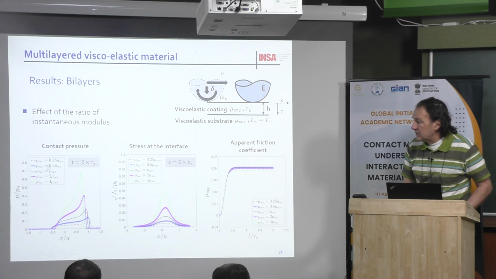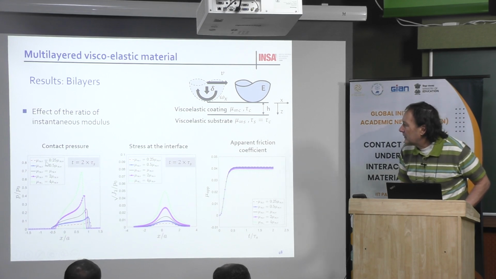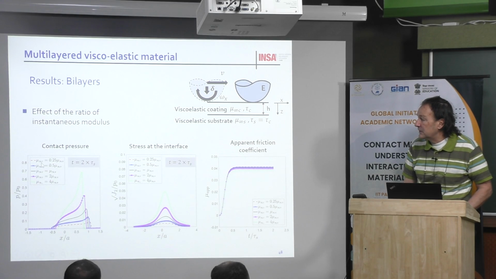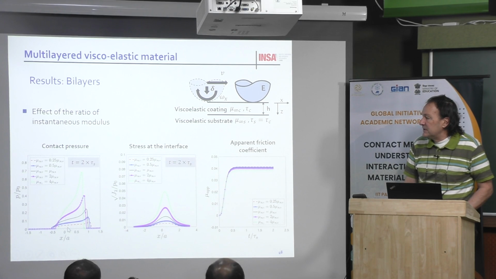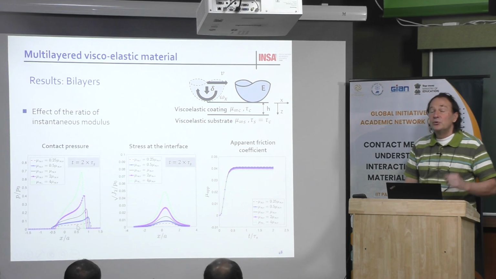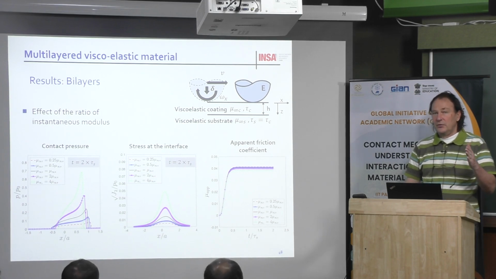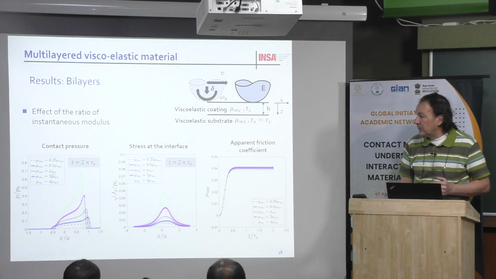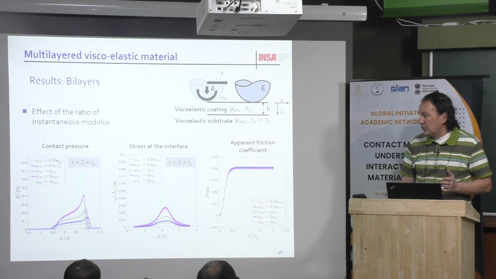And then you have different results depending on the Young modulus at infinity for the coating. What does it mean? It means, for example, in red, here, this curve, the Young modulus of the coating for 0 frequency, then at the infinity, is 4 times smaller than the Young modulus of the substrate.